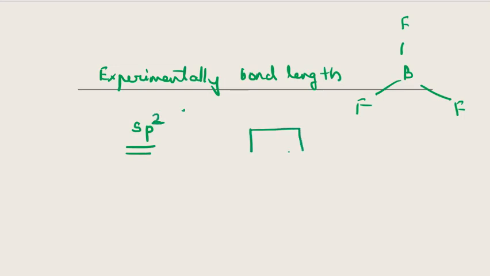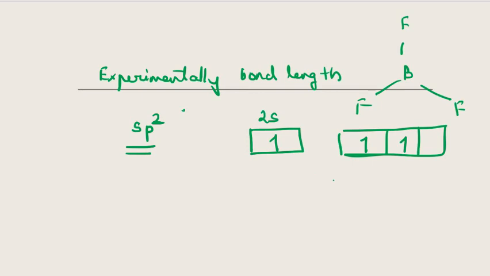We had seen that in the excited state, the boron was like this. There were 2p orbitals, and one electron was excited from the 2s orbital. So here the 3 orbitals combine to form equivalent orbitals, and these are of what type? One s and two p. So sp2 hybrid orbitals are formed.